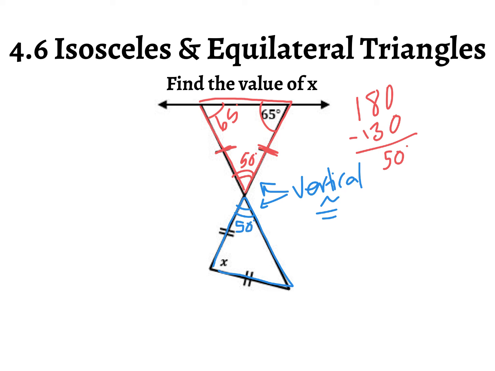Now, I focus purely on the blue triangle, and I noted that these two sides are congruent. So right across from them, I have angle 50, and right across from this other angle, this will also be 50 degrees. These two will be the same. These are the base angles. Remember, they're always across from the congruent sides.